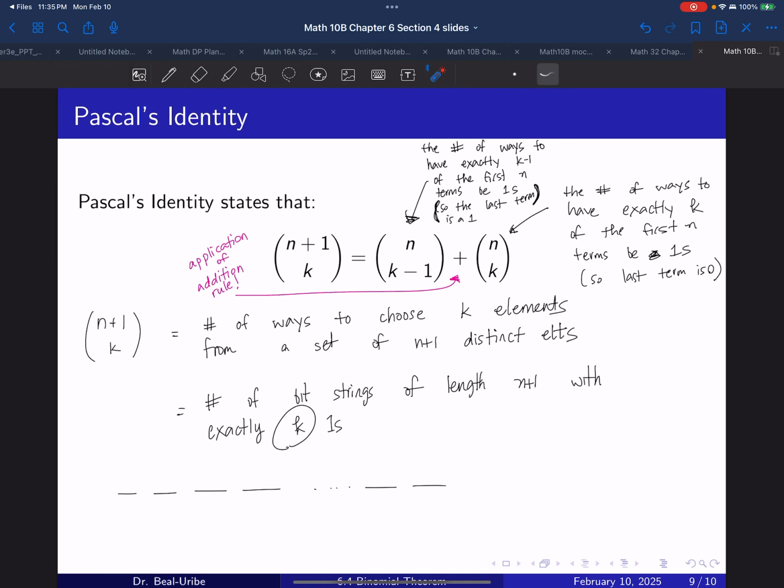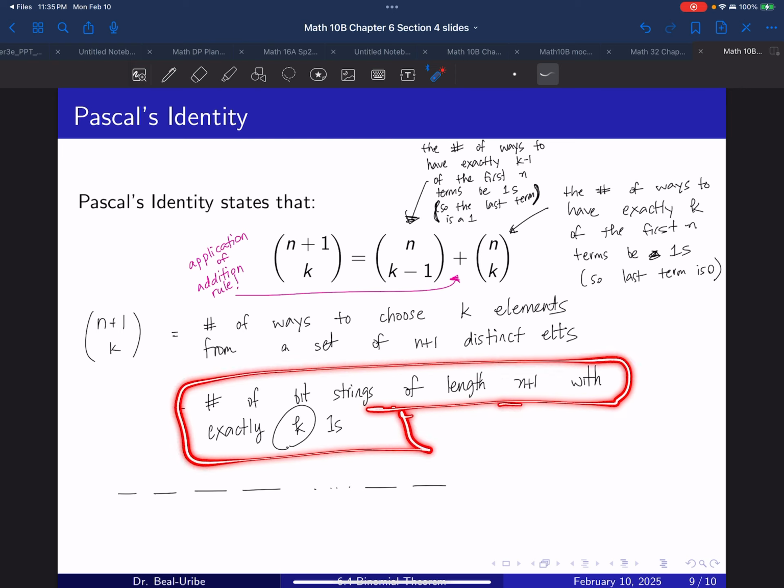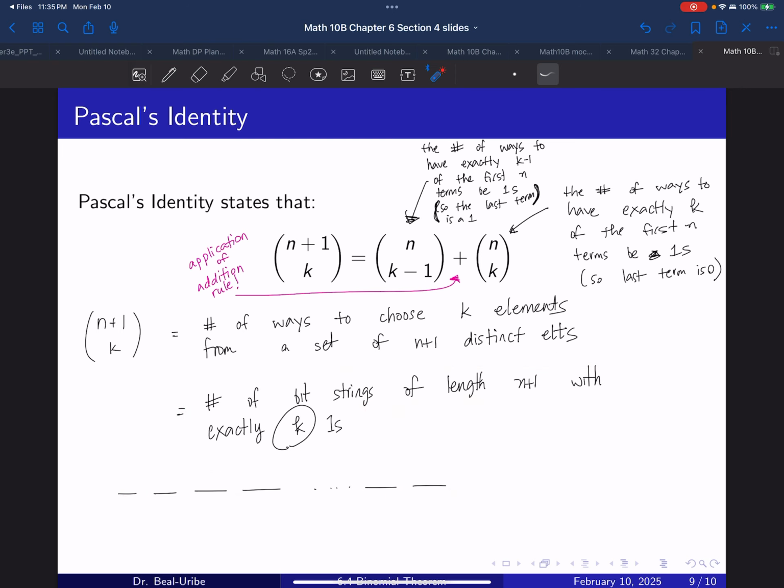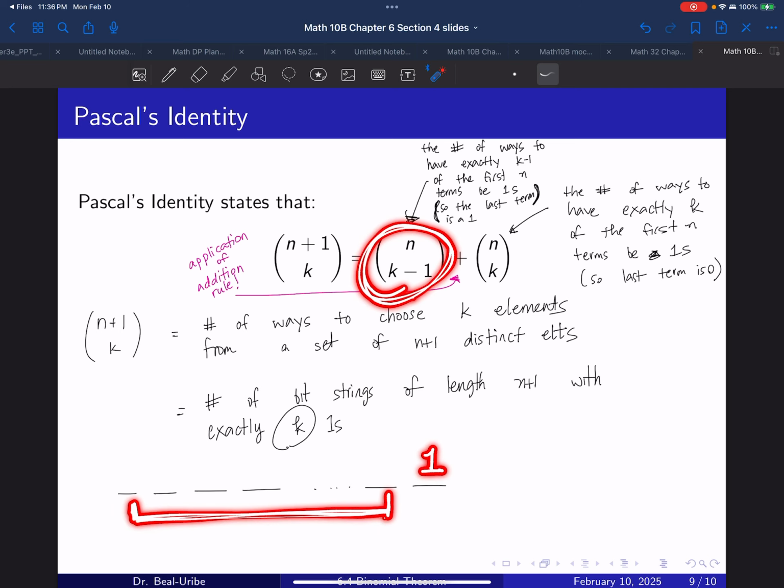Because we're saying if you're trying to build a string, you're trying to see how many different ways you can build strings of length n plus 1, right? If I have a string of length n plus 1, then I've got the first n spots, and then I have the last one. Either the last one does have a 1, or the last one does not have a 1. If that last spot has a 1, now I just need to count the number of strings of length n that have k minus 1 ones, okay?